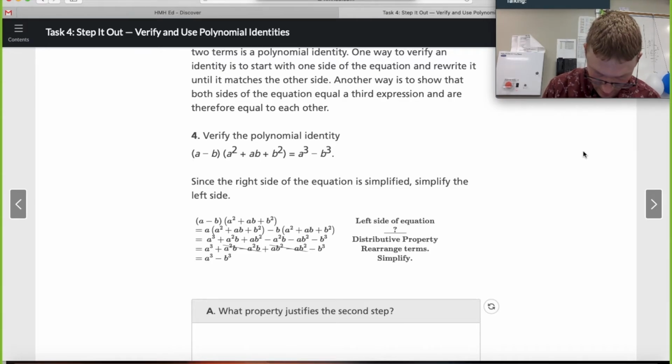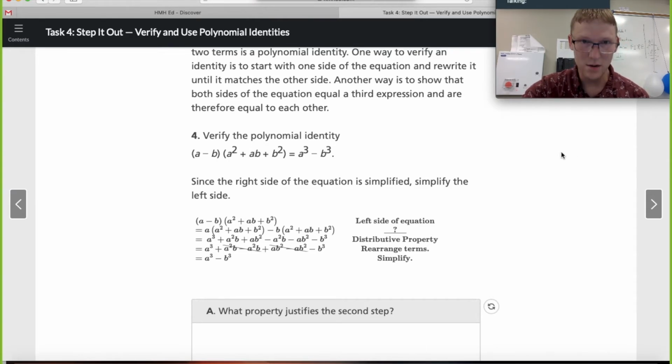So then you can start combining like terms, and you'll notice that there is an a squared b, a negative a squared b, positive ab squared, negative ab squared. So they cancel out and leave you with a cubed minus b cubed.